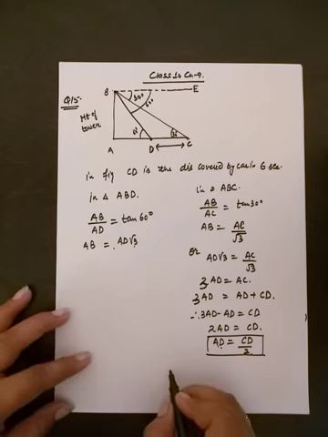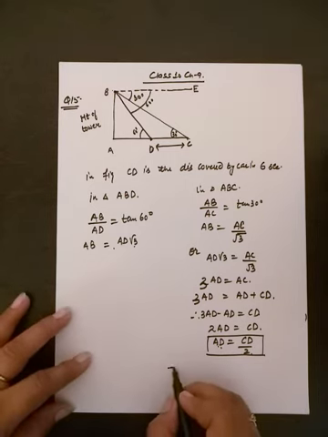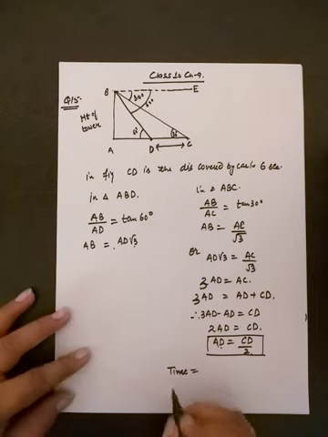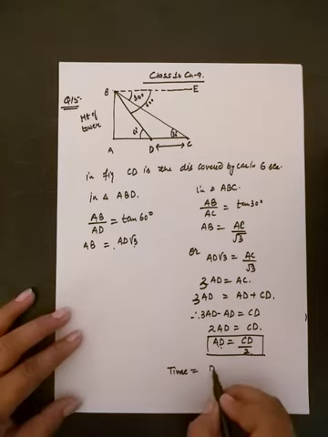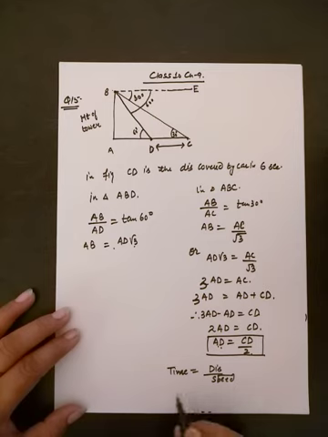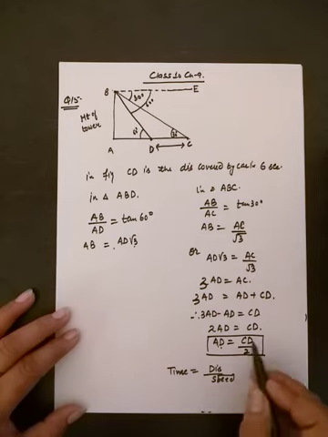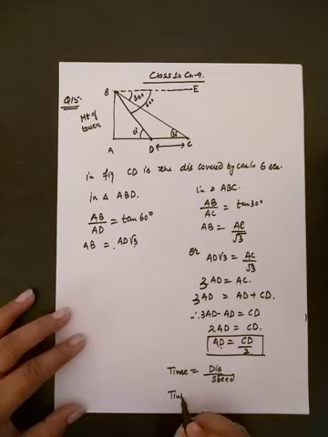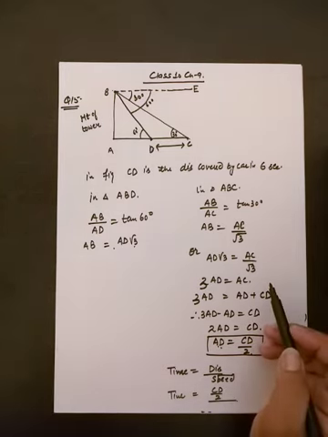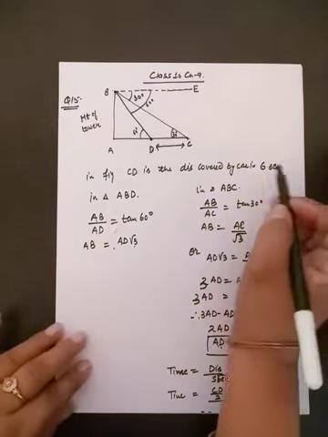We know that time is equal to distance over speed, and distance is given, distance is AD, हमें AD को फाइंड करना है, मीनिंग CD बाय 2 को फाइंड करना है, और स्पीड ऑफ कार जो है that is not given, but it is given that CD is the distance covered by car in 6 seconds.